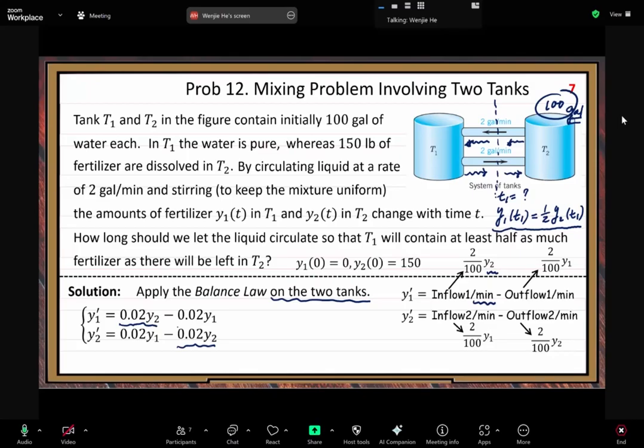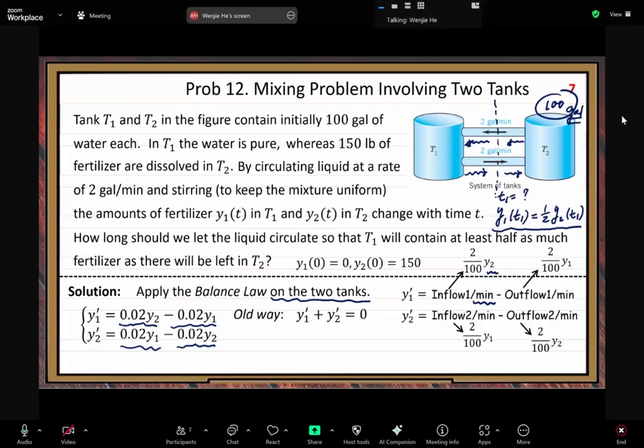Similarly, negative 2% of y1 and positive 2% of y1 cancel out. So both terms cancel out and the right-hand side becomes 0. So you get y1 prime plus y2 prime equals 0.